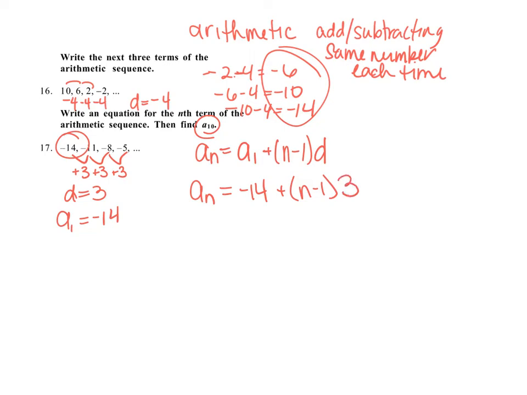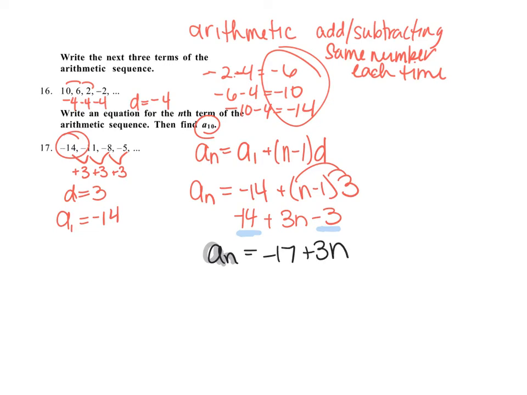And then to get a better equation, I can distribute my 3. So negative 14 plus 3n minus 3. And then I have like terms here, negative 14 and negative 3. So we get an equals negative 17 plus 3n.